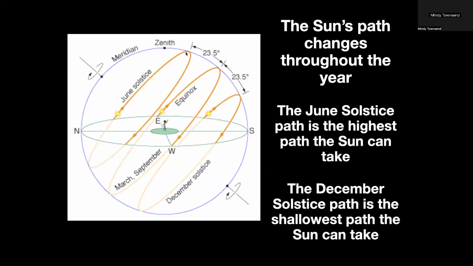The path of the June solstice is separated from the equinox by 23.5 degrees. And the equinox is separated from the December solstice by 23.5 degrees. Dr. Hassel has made a nice demo video that is also uploaded on Canvas, and I suggest you take a look at that before you do the sun simulation activity.